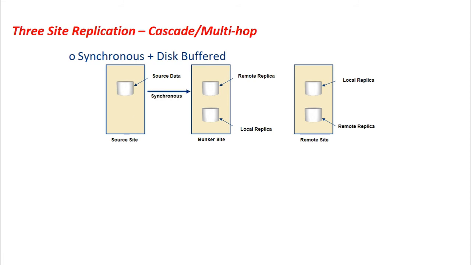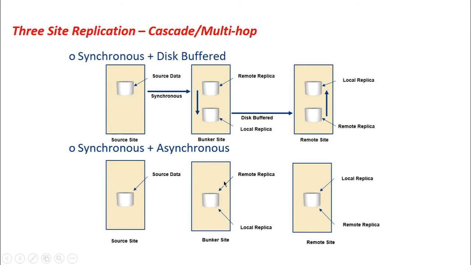So the source production volume at the source site writes the data to the bunker site where a local replica is created, and then the data is sent to the remote site, which in turn creates a local replica. So you have 5 copies of the same data here, and one data needs to be stored in 5 different replicas or 5 different copies.